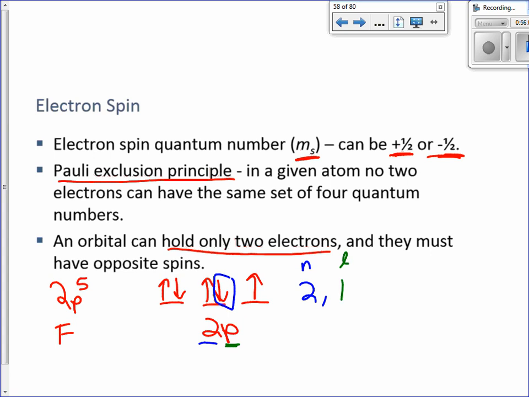Okay? Now, this is -1, 0, 1. So my M sub L number is going to be a 0 because I'm in the middle one, right? And last but not least, which direction am I going? M sub S, I'm going downward, so I'm -1/2. So that would be my list of quantum numbers for that particular electron.